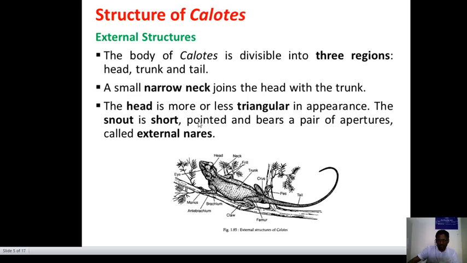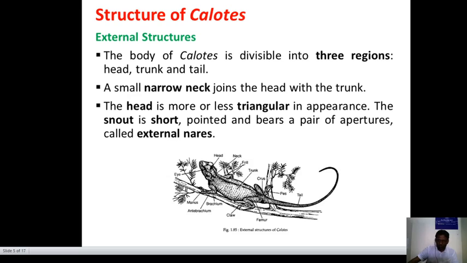The snout is short, pointed and bears a pair of apertures called external nares. So the Calotes body is divided into head, trunk and tail. A small neck joins the head with the trunk, and lastly there is the tail.